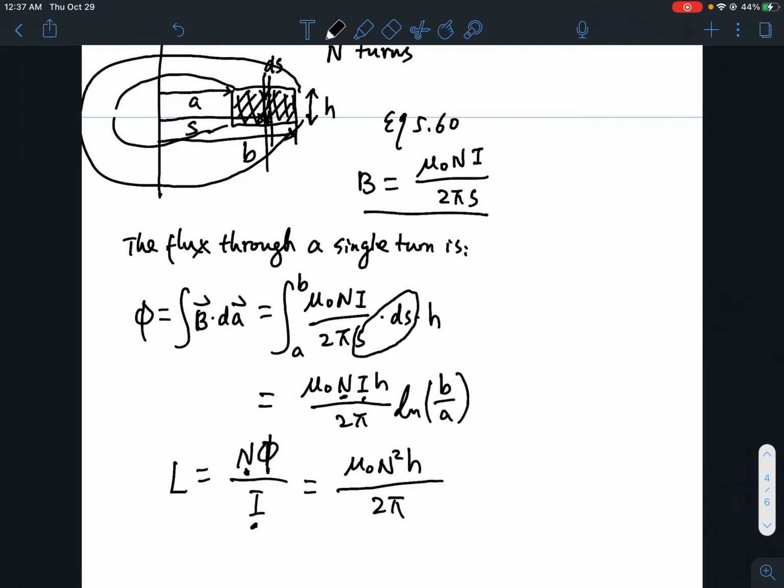We have 2 n's here, that's why n squared there, times log b over a. So that is how we calculate the self-inductance for a toroid coil that has a rectangular cross-section and n turns.